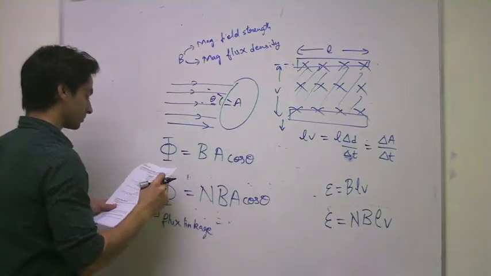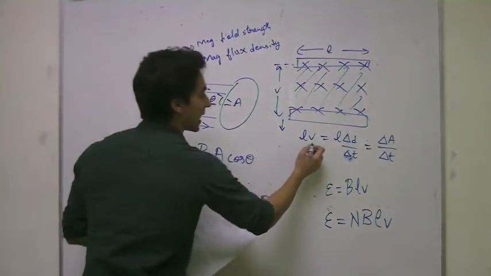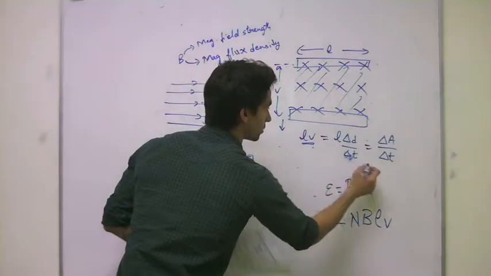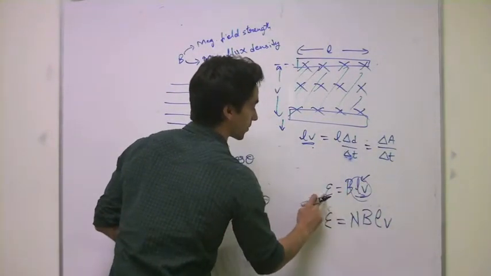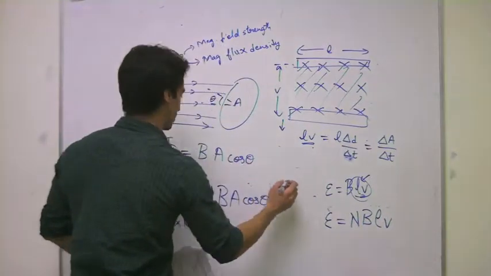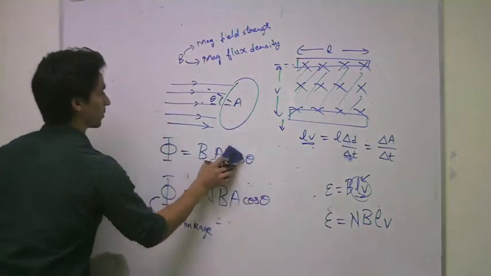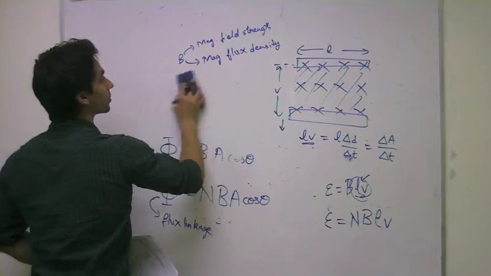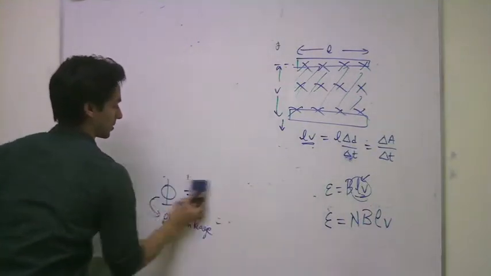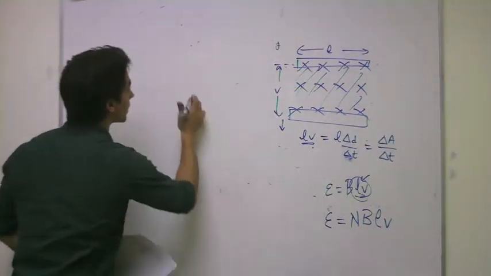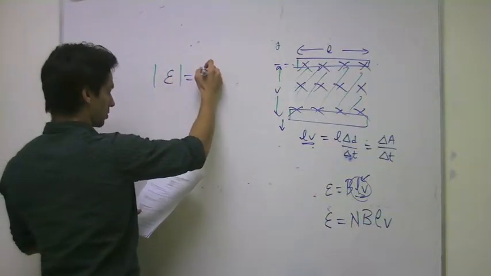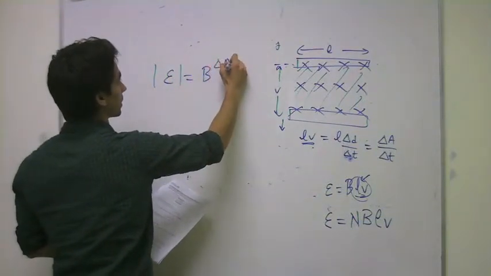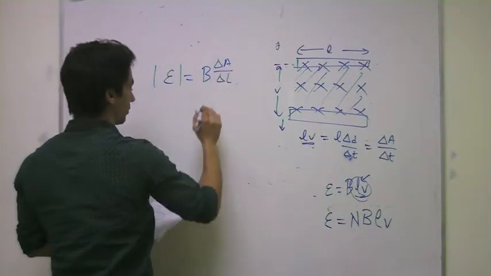So now, since LV is this, we can substitute this in the formula for EMF over here, and what we get now is that the EMF, or the magnitude of the EMF, is equal to B times delta A over delta t.